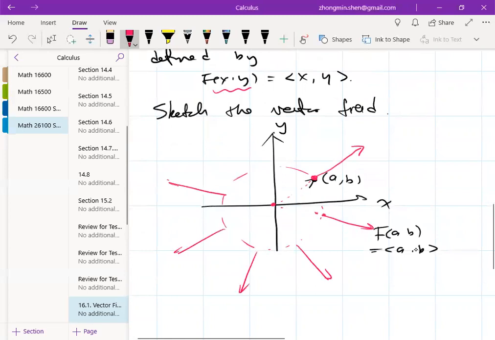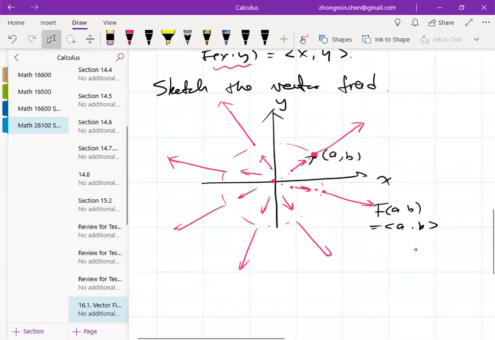You should draw vectors with the same length. And when it's getting close to the origin, the vector is getting shorter. Okay, right. So you've got the idea. This is enough to tell how the vector field looks.